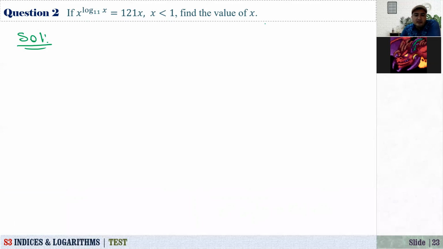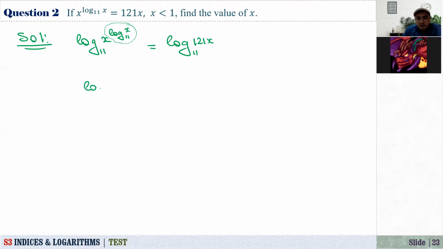So let me take the logarithm of both sides with respect to the base of 11. On the left-hand side, we have log of x to the base 11 raised to the power of log x to the base 11. On the right-hand side, we have log of 121x to the base 11. So that's just the power of x, right? It comes to the front.